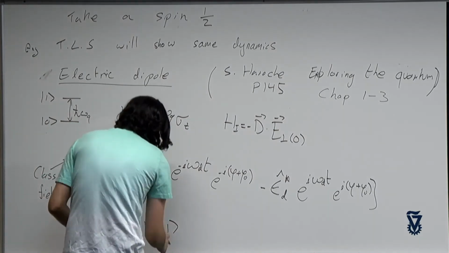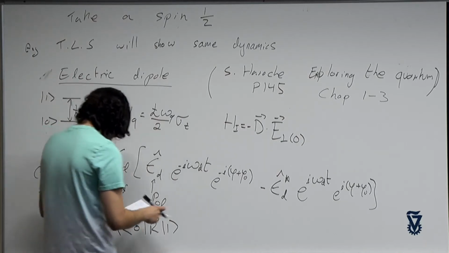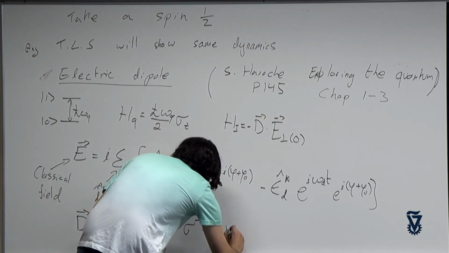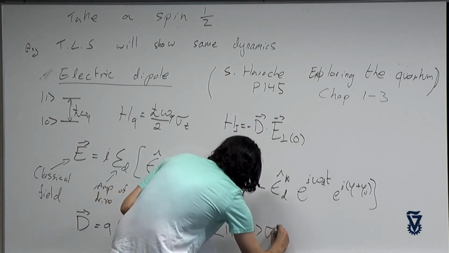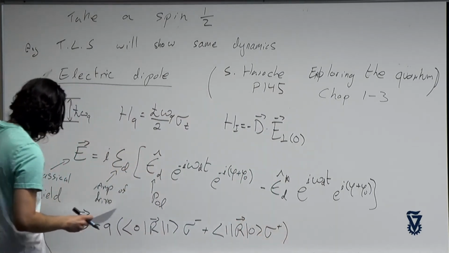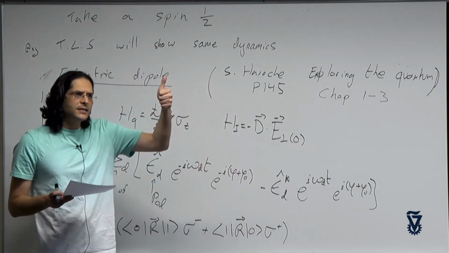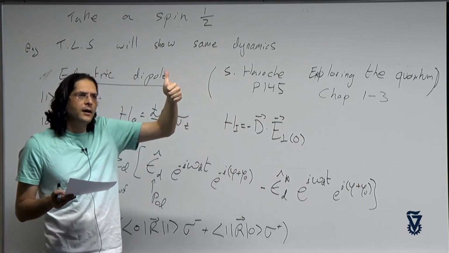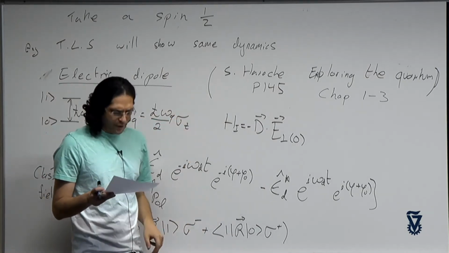So the overlap of the 1 state and the 0 state with our R, sigma minus plus 1 R 0 sigma plus. And what this operator does, you can see this is sigma minus sigma plus. This is exactly what describes the flipping of this two-level system, of this electric dipole, due to the interaction with a field.